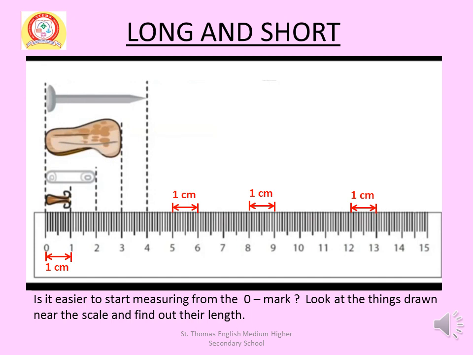So, if we start measuring from the 0 mark, that means the left end of the object aligns with the 0 mark on the scale, then the number on the scale that aligns with the right end of the object gives us the measurement of length.